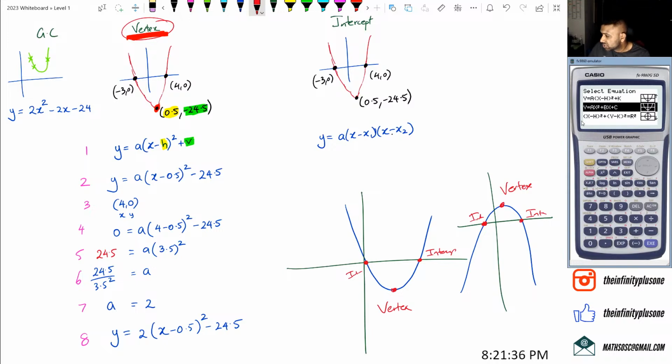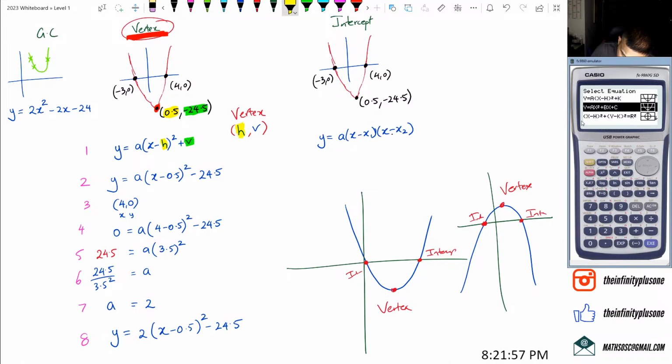Why is h 0.5? So the h is in the vertex. You know how the vertex will have two values, and those two values are basically the h and v.